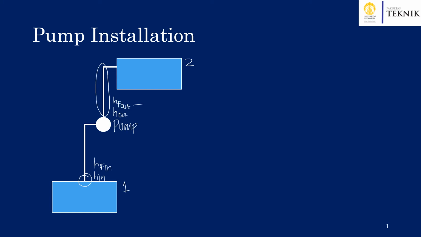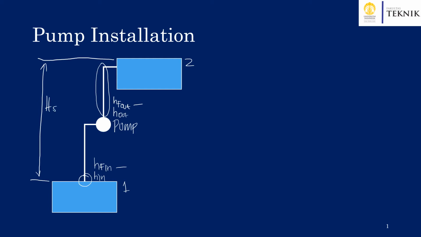Both of these frictions are due to the fluid's interactions with the pipeline, causing losses within the flow. Moreover, the distance between the two water levels of the reservoirs we can call the static head.